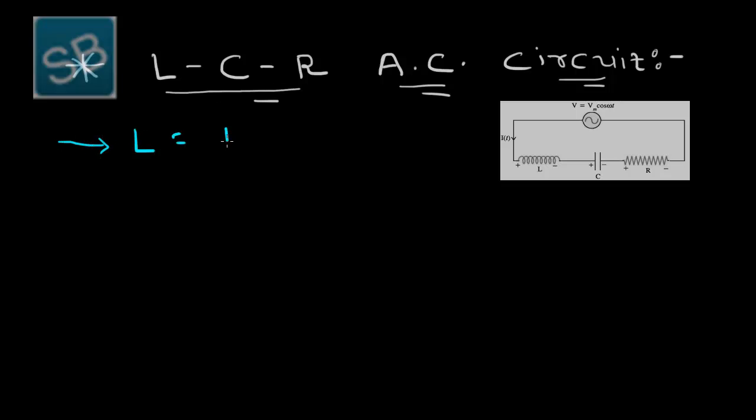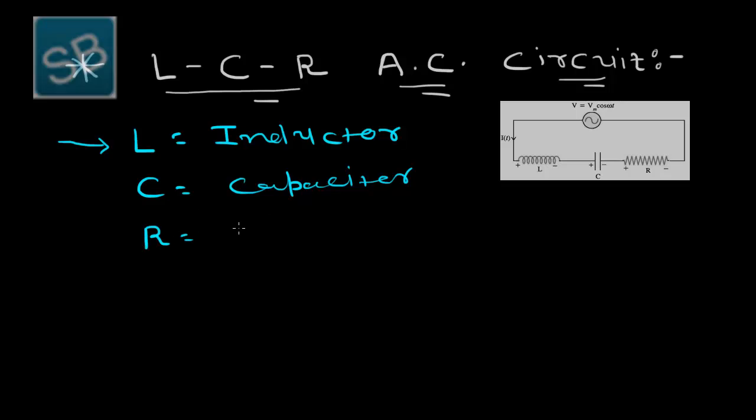Here L is the inductor, C is the capacitor, and R is the resistance. And you can see from this figure a series combination is formed using these three components.